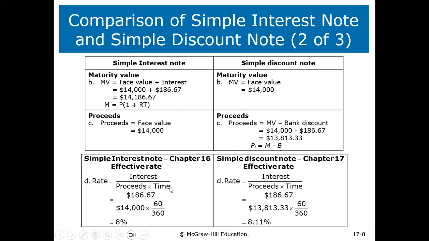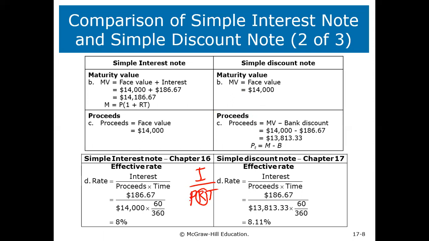So you remember, class, how do we compute for the rate? Remember this mnemonic device, I over P R T. So here we want to compute for the R, the effective rate.